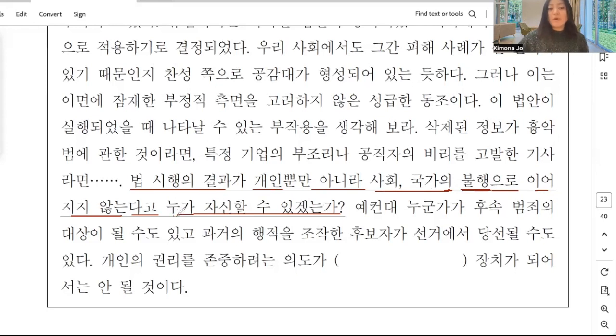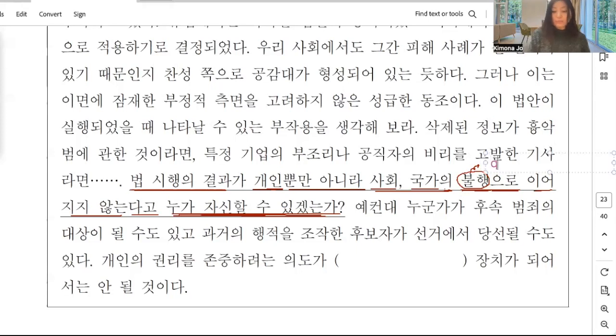So, 염려하고 있다. In other words, the law enforcement result might connect to the 불행, unhappiness, not only to the individual, but also to the society and the country.